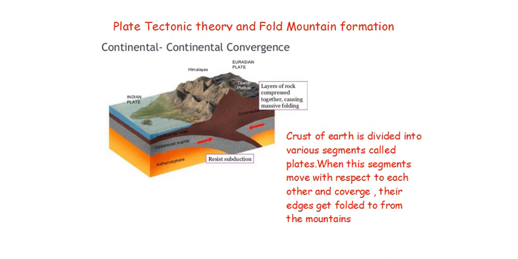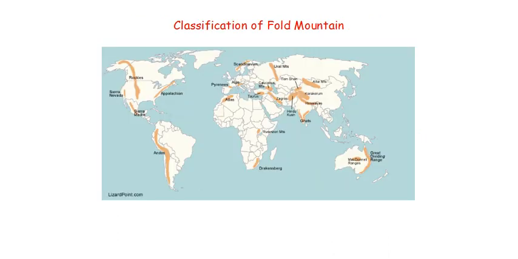Well, now how do we classify the fold mountain? Those fold mountains which are located at the coast of the Pacific Ocean, like the Andes Mountain and the Great Dividing Range, all belong to the group of circum-Pacific belt of mountains.